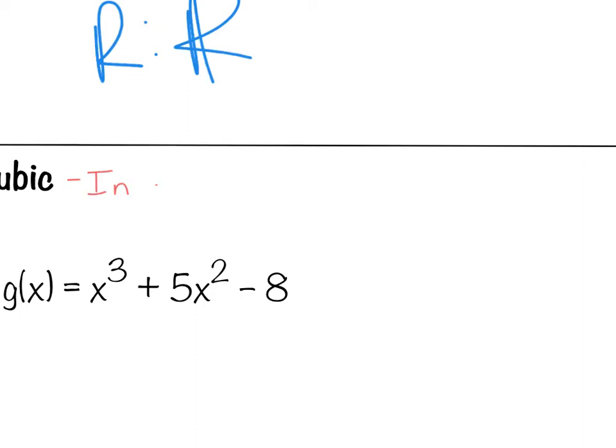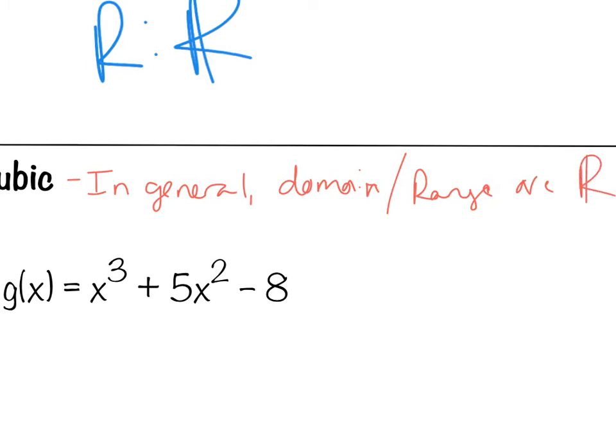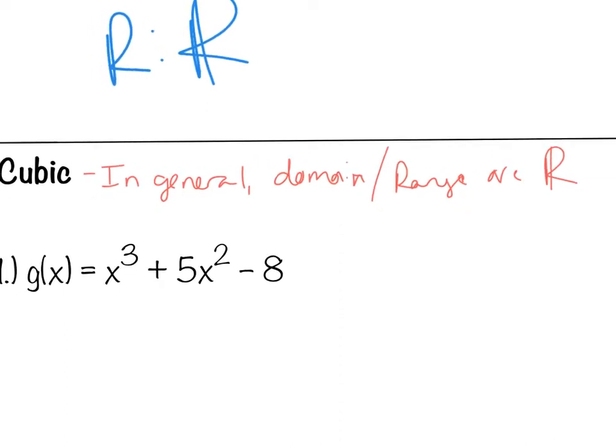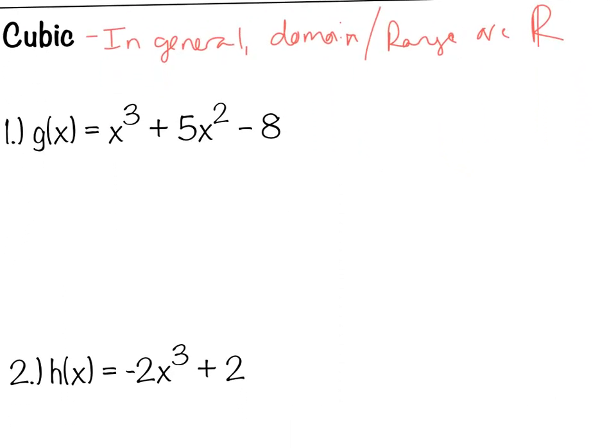In general, domain and range are all real numbers. So just like linear, cubics, because they go up and down and their x values go left to right an infinite amount and their y values, one goes up and one goes down, they cover all ranges and domains.